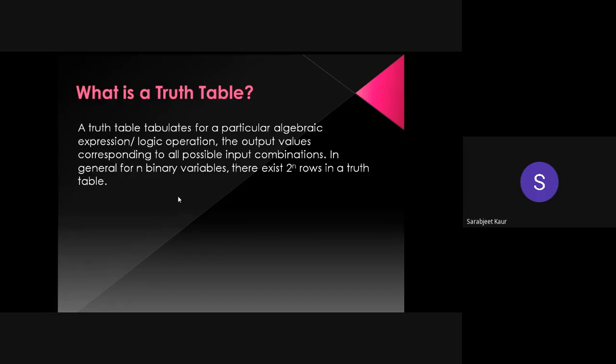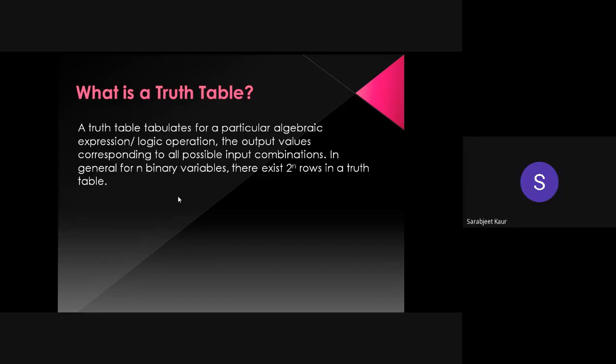A truth table will tabulate, that means it will put in the form of a table, all the values that these two variables can take. What values will those be? 0 0, 0 1, 1 0, 1 1, as we just saw. Okay? And then it will list the output corresponding to each of these input combinations. Okay? Is this clear? Yes, ma'am.